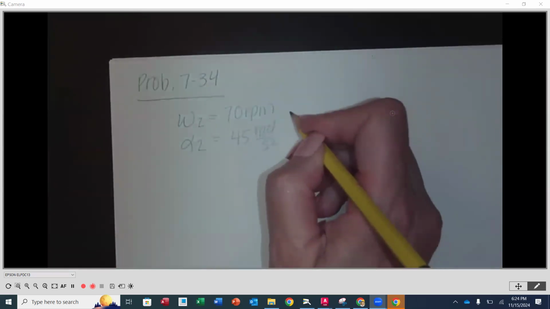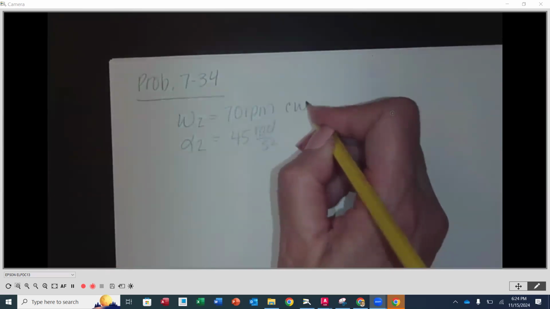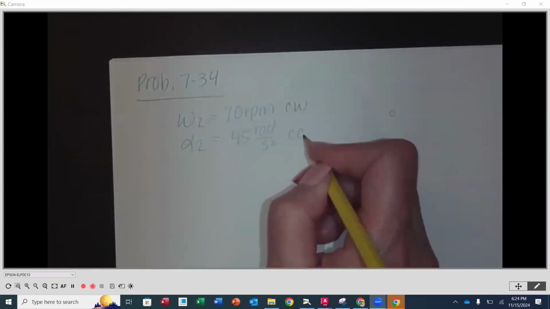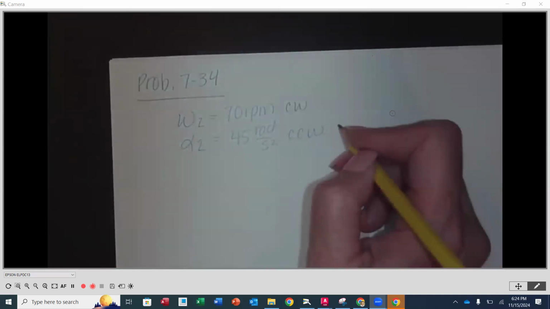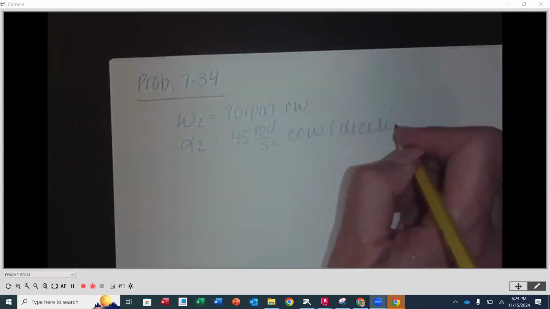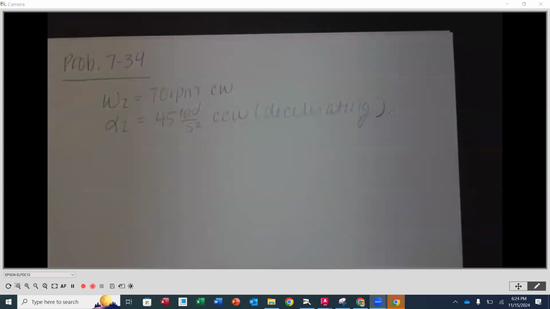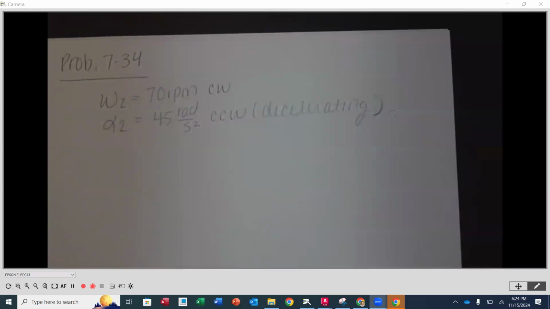Now, this is going at a clockwise rotation. And because this is decelerating, the acceleration is going to rotate in the opposite direction, because it's decelerating. Okay. So that's how we handle that. It wouldn't be a negative value. It is just going to be that it's going in the opposite direction of the actual motion itself.